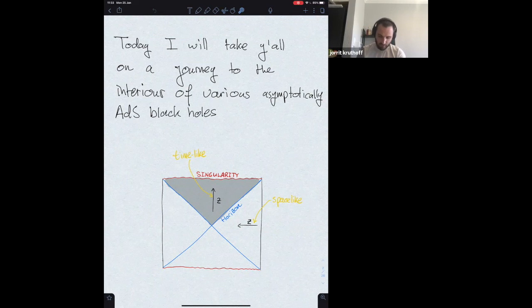Roughly the geometry I have in mind here: I've drawn the Penrose diagram of an AdS-Schwarzschild black hole. There's a radial coordinate z, which is space-like in the exterior region and time-like in the interior. The singularity is here, a space-like singularity denoted in red.